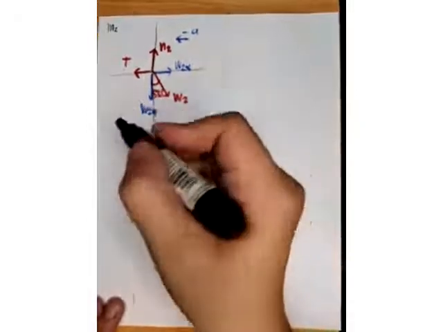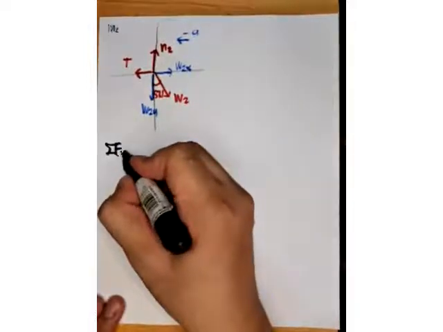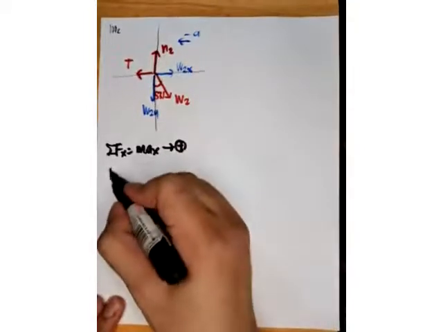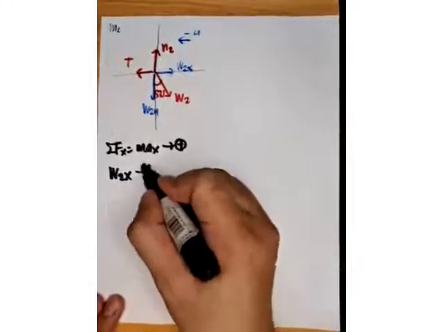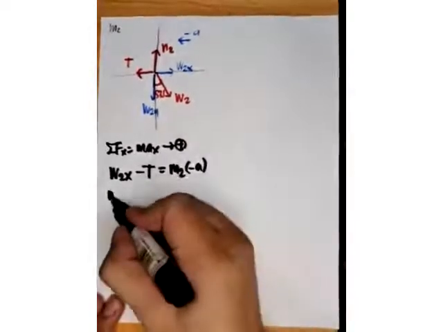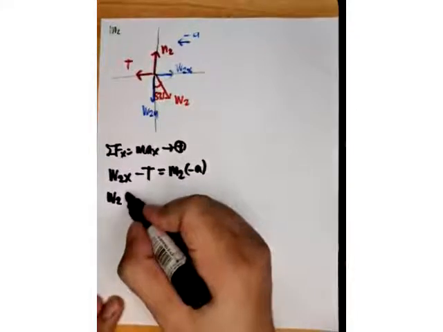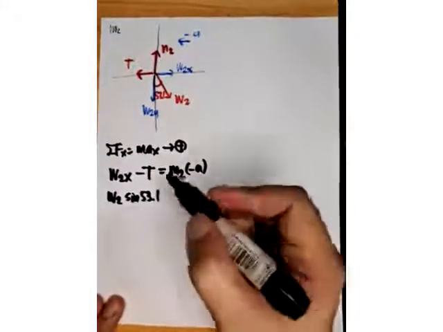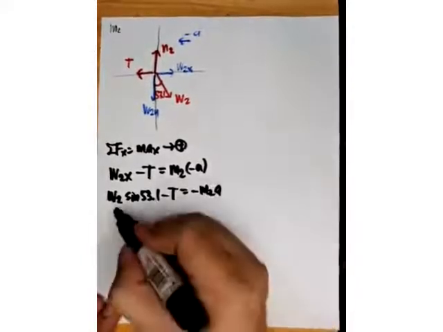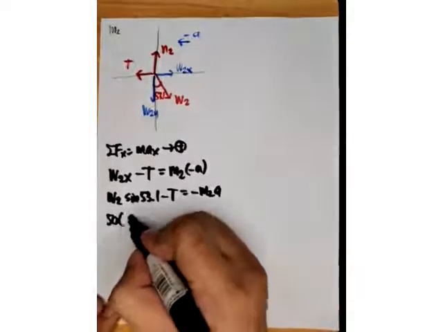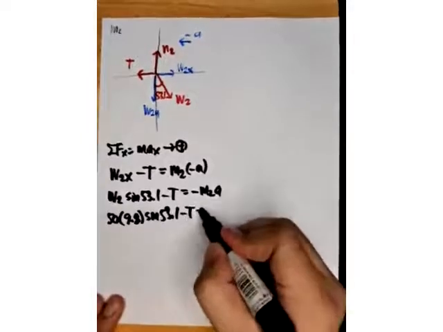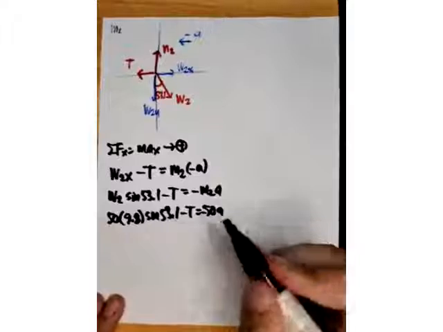So, gagawin lang natin ay isosolve na natin siya along x. Pakanan ay positive. So, we'll have weight 2x minus tension is equal to m2 times negative A. So, that's the weight 2 times sine 53.1 minus tension is equal to negative m2A. So that is 50 times 9.8 times sine 53.1 minus tension is equal to negative 50A.